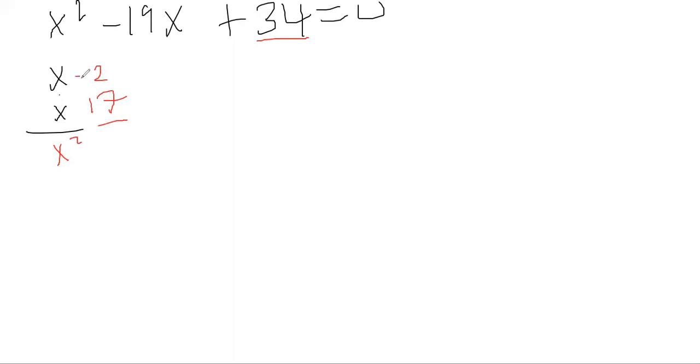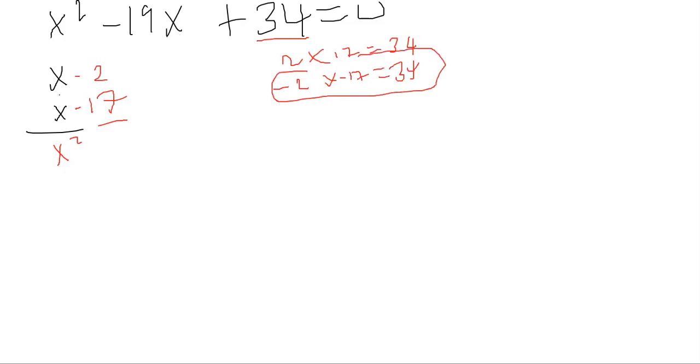It should be minus. We can also say 2 times 17 is 34, or plus 34. Equally, minus 2 times minus 17 is 34. So which of these two should we use? It's not enough to have this.